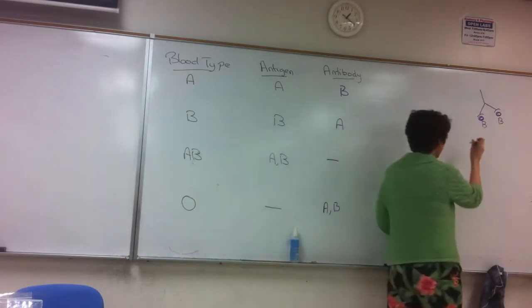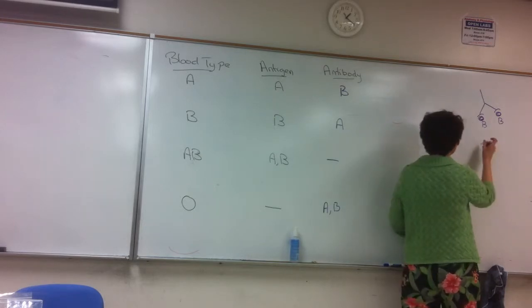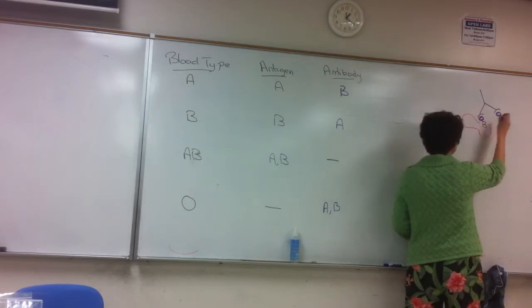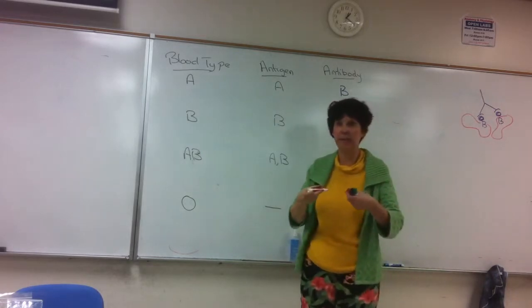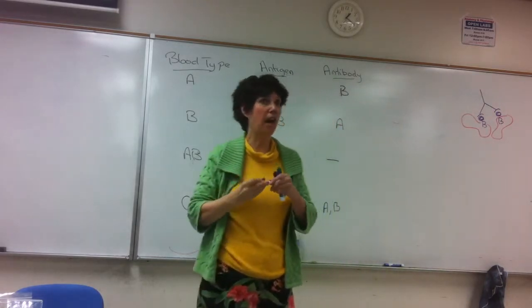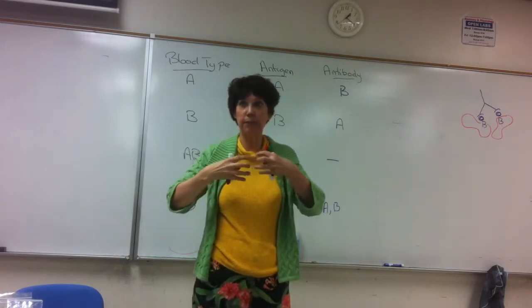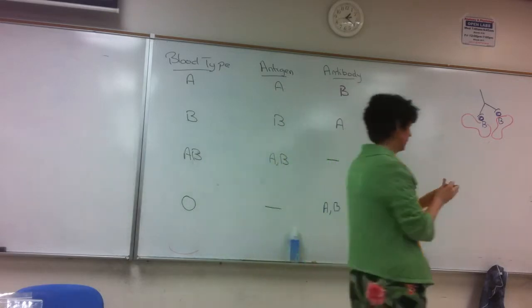Okay? When that happens, if the B antigens are on two different cells, those cells are clumped together. And that is not clotting. Clotting is the formation of fibrin proteins that trap water molecules. This is agglutination.